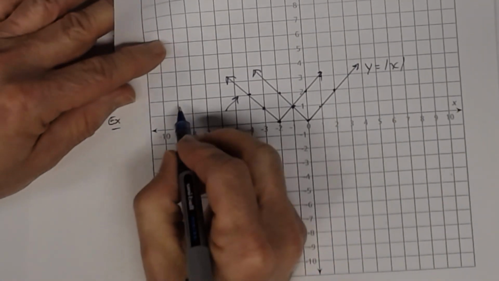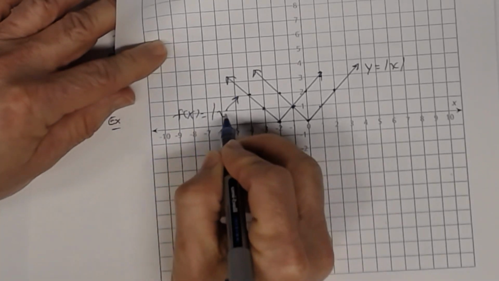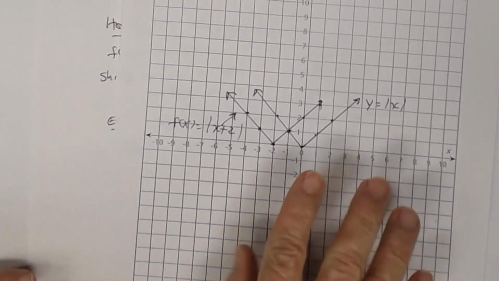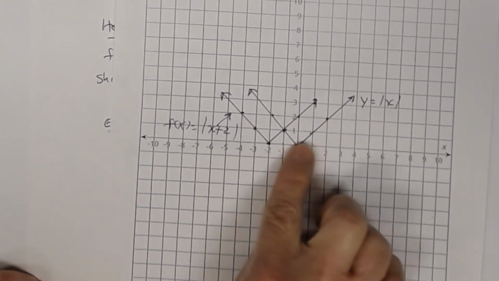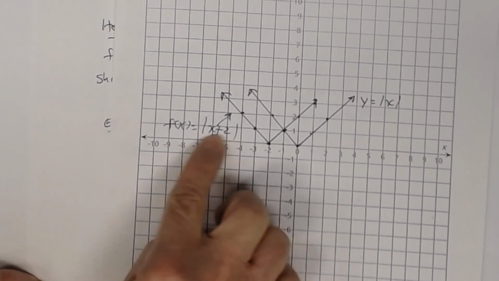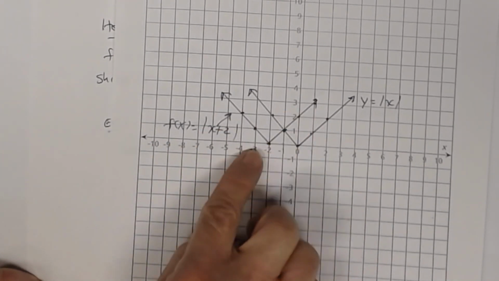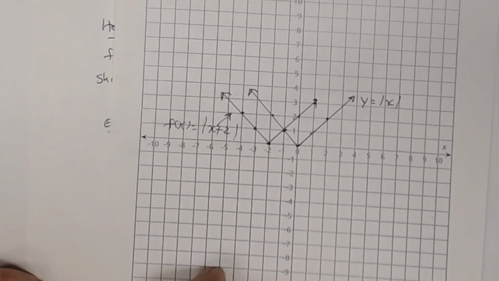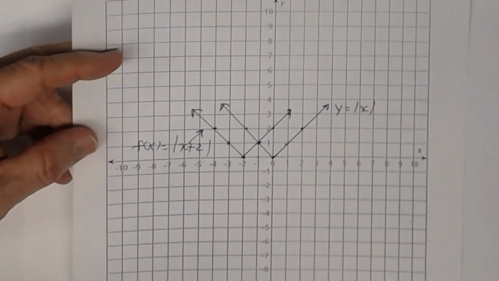So that is f of x equals absolute value of x plus 2. So notice your parent function, and then since there was only one transformation you did, and that was moving it to the left 2, you only saw one other graph. So your parent function and then the graph you wanted eventually. All right, so that's horizontal. That's all that is. That's horizontal translation.